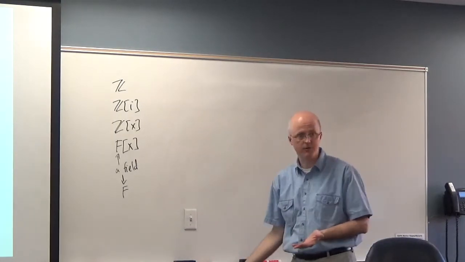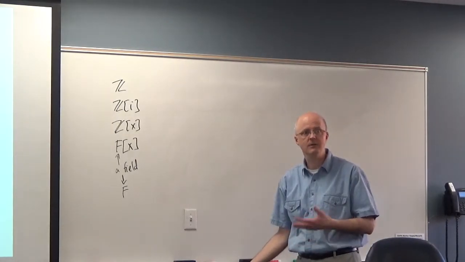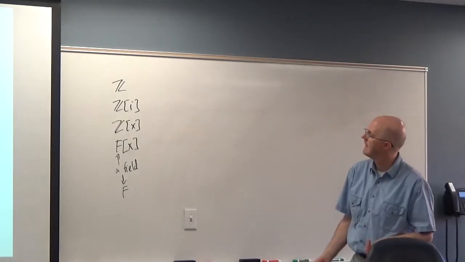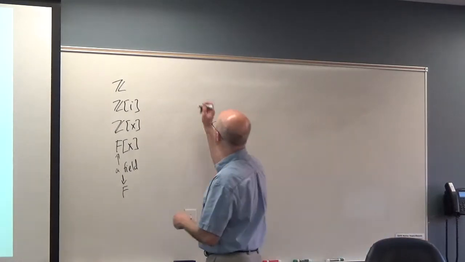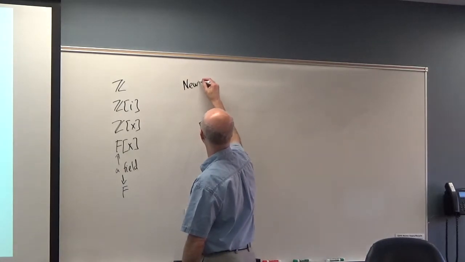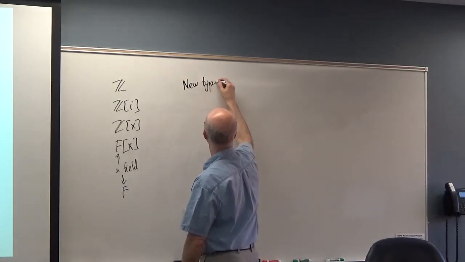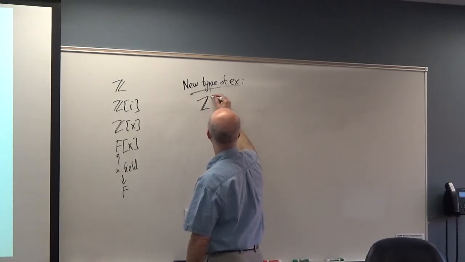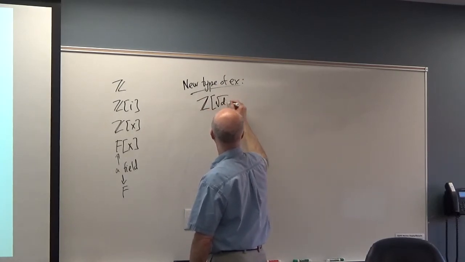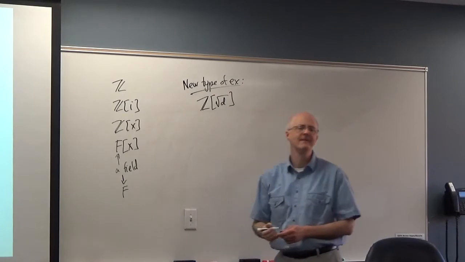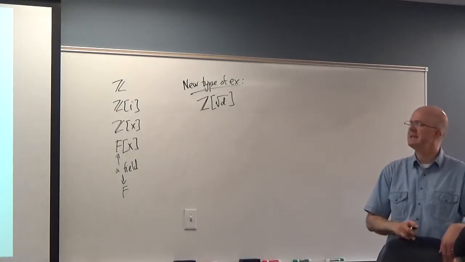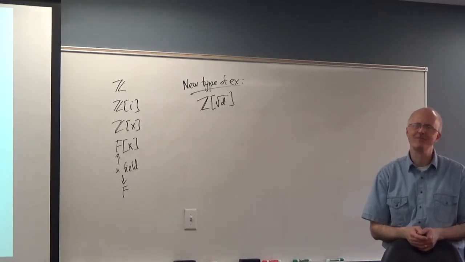All these things are integral domains, right? They are all commutative rings with unity that have no zero divisors. And one new type of example: Z adjoined the square root of D, where D is not 0, not 1.